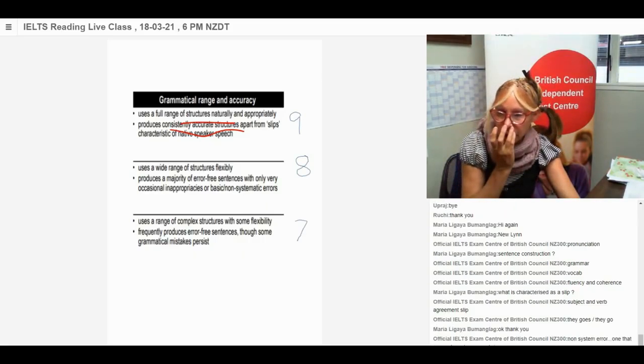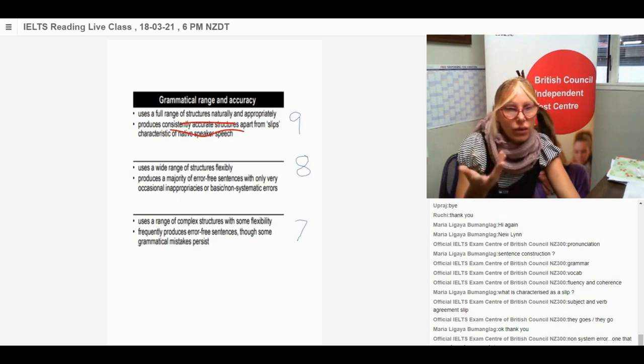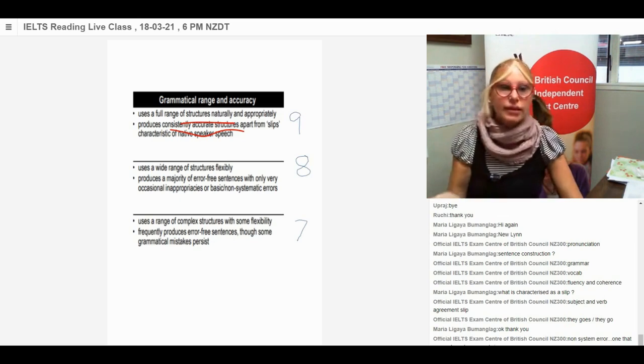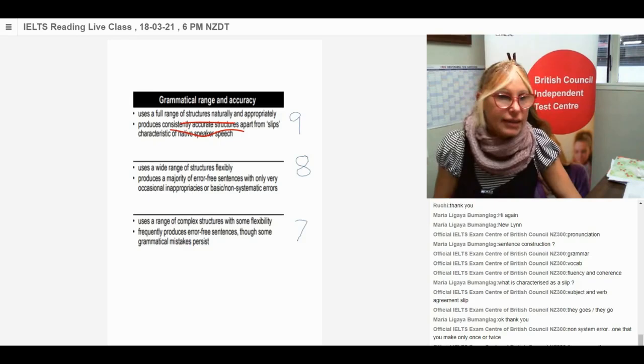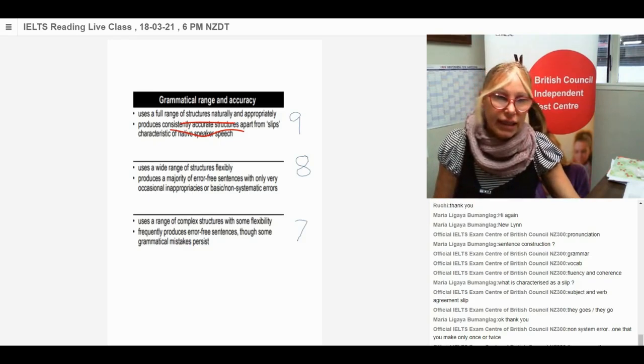So for example, looking at the example that we did before, if you said they goes and you actually wanted to say they go and you only did it one time, then that's what's called a non-systemic error. So it means that it only happens once or twice, and then you don't repeat that mistake again.